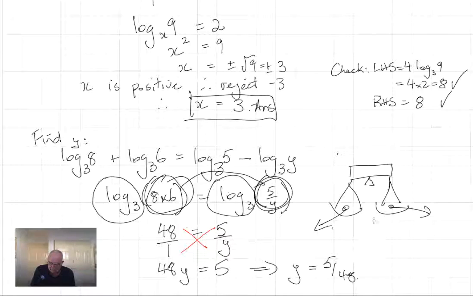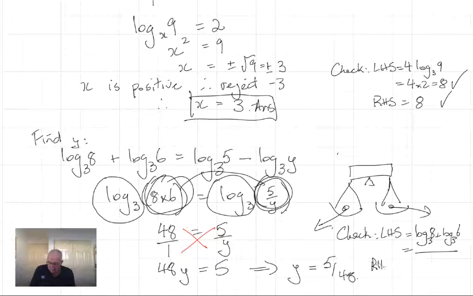Now what I suggest you do is a check on the left hand side and right hand side. I'm not going to do it now, but you should do it. Left hand side is log of 8 to base 3 plus log of 6 to base 3. Work that out as a decimal on your calculator.